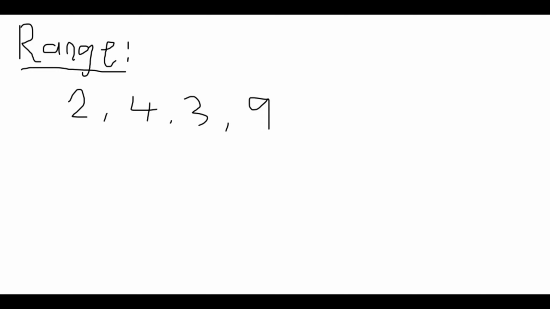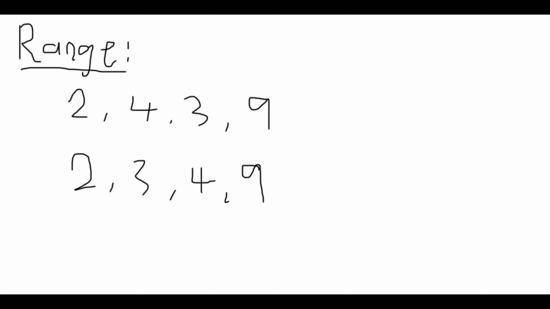So range is simply the highest number subtracted by the lowest number. But to simplify the raw data more, let me arrange it in ascending order. So 2, 3, 4, 9. Now it's in ascending order because the numbers are increasing.